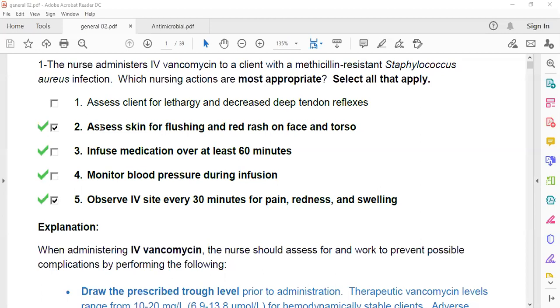Number 2: we assess the skin for flushing and a red rash on the face and torso. We know that a side effect of vancomycin can be an infusion reaction or anaphylactic reaction. An anaphylactic reaction is a life-threatening allergic reaction.